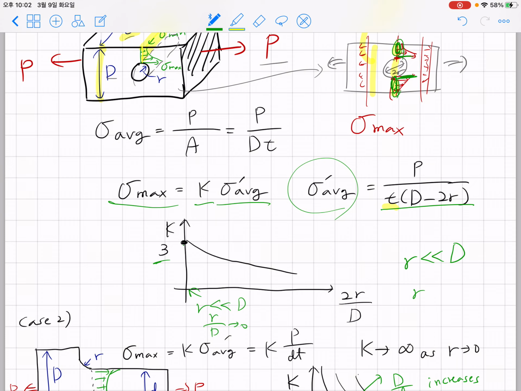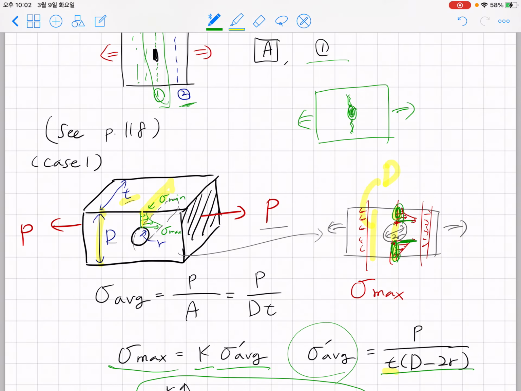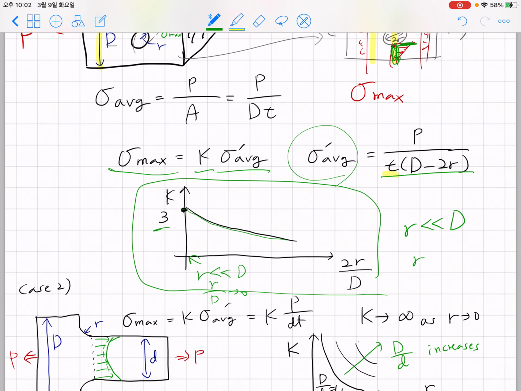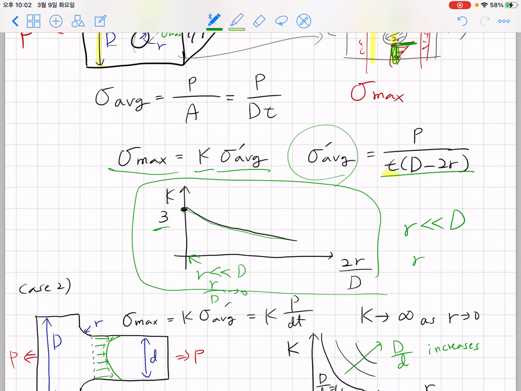However, when R gets larger, the stress concentration factor becomes smaller and smaller, and you can find this figure on page 118 of the 7th edition of our textbook. Okay, so if somebody gives you the dimension of R and dimension of D, you can obtain the stress concentration factor out of the table.